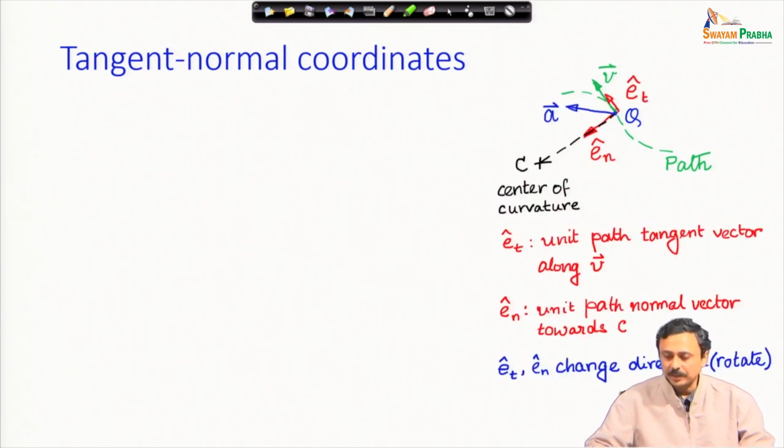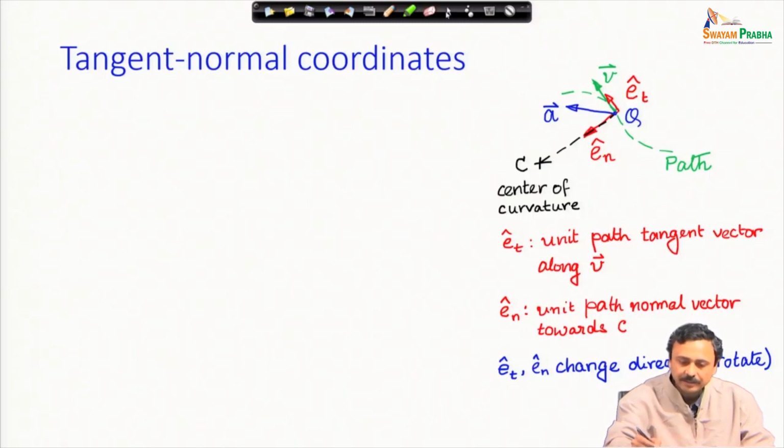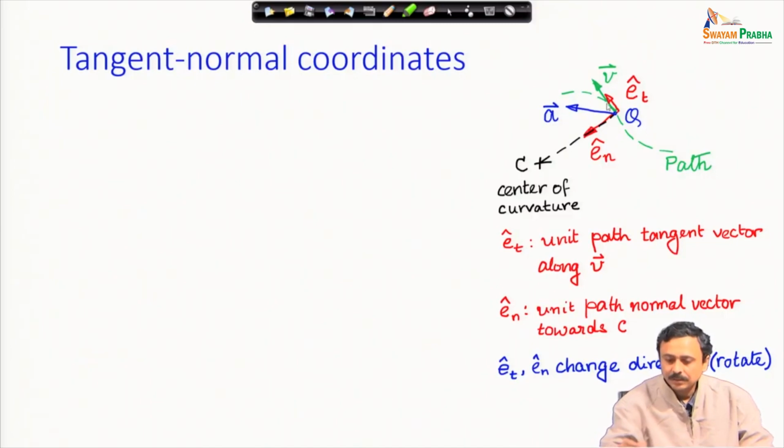Okay, with that definition, now let us come to this figure. Here I have started defining my coordinate system. The first thing to note is this vector E t cap. It is a unit vector, directed tangent to the path. Therefore, it is along the velocity vector direction.